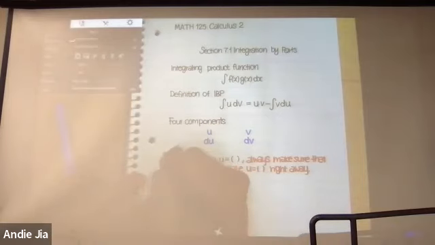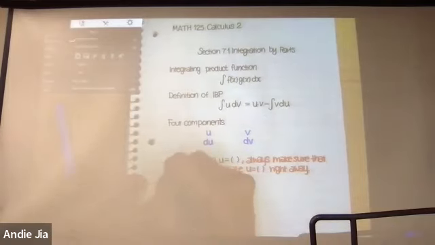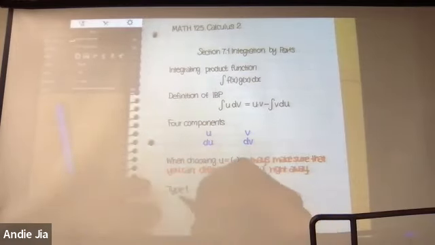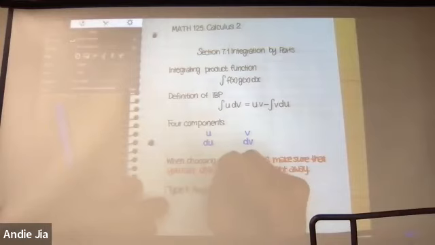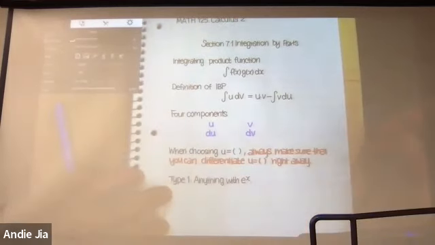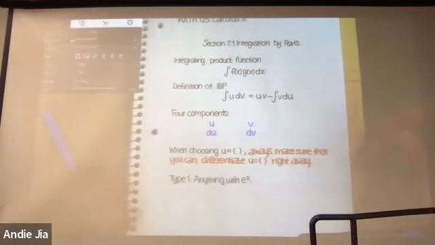So type 1: anything involving e to the x, and we want to make something that is easier to integrate.